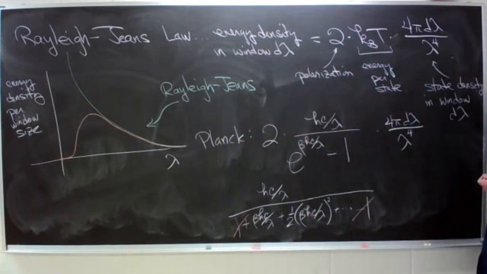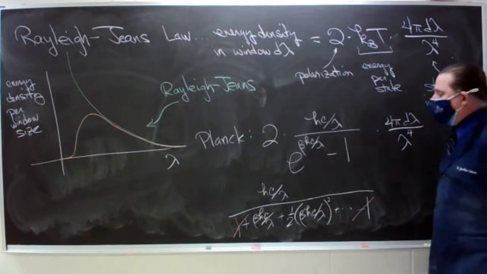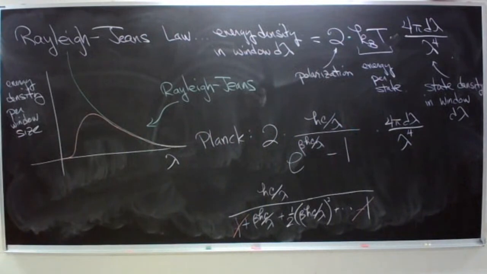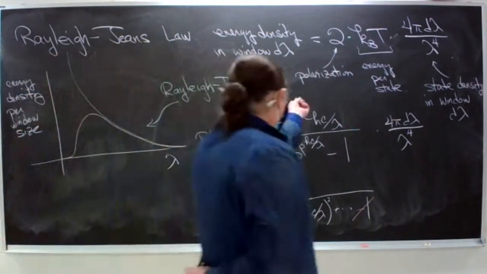The 1's cancel out. And now I can take a factor of beta hc divided by lambda out of the denominator.